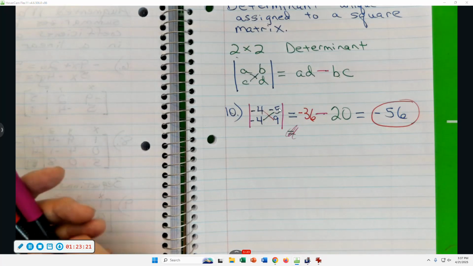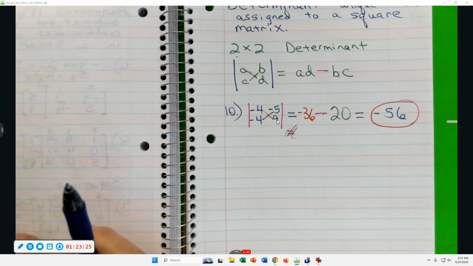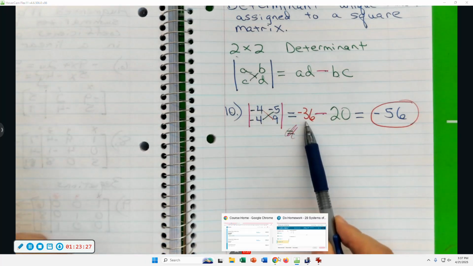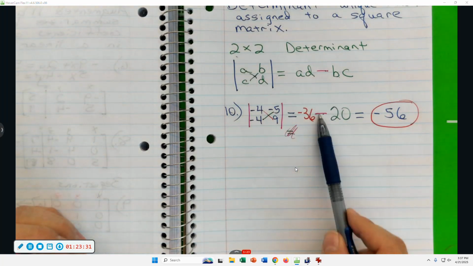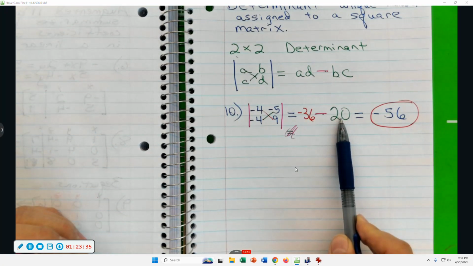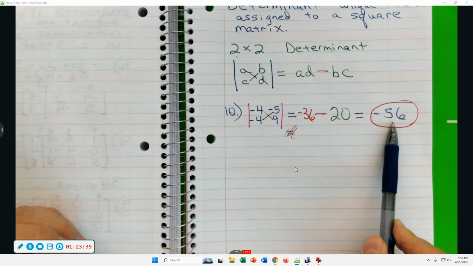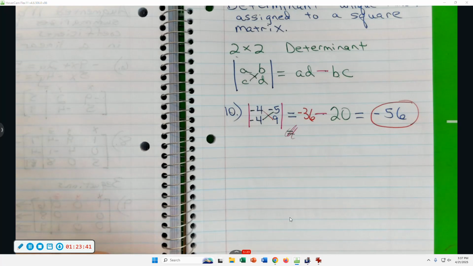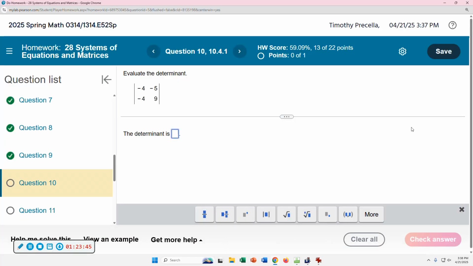Don't start over here or down here, okay? -4 times 9, that's -36. And then the minus is from the formula. -5 times -4 is a positive 20. -36 minus 20, that's how I got the -56.